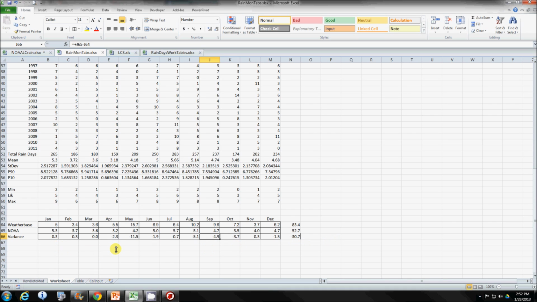Talking to the people at WeatherBase, there may be some problems with the way that they're reporting their data, and they warned me about this before. So I just call it to your attention to be careful of what data you use. But this gives you a way to handle a great deal of data.